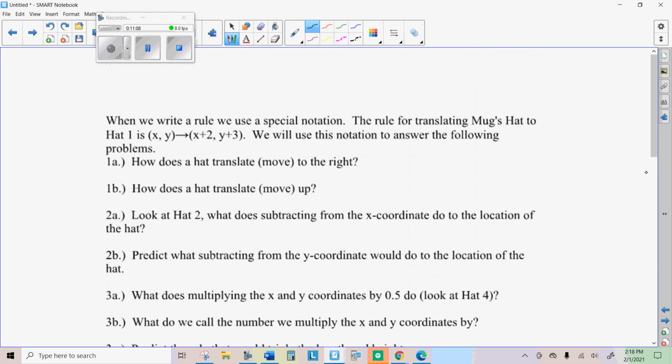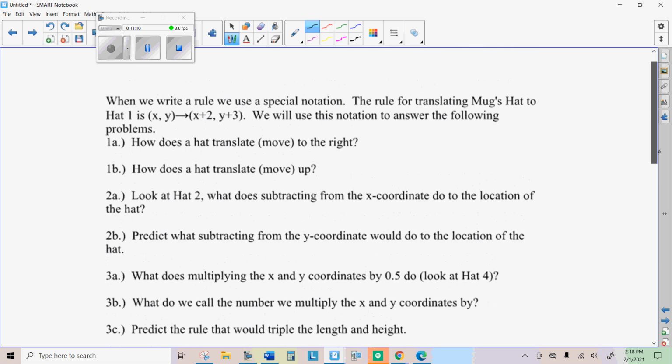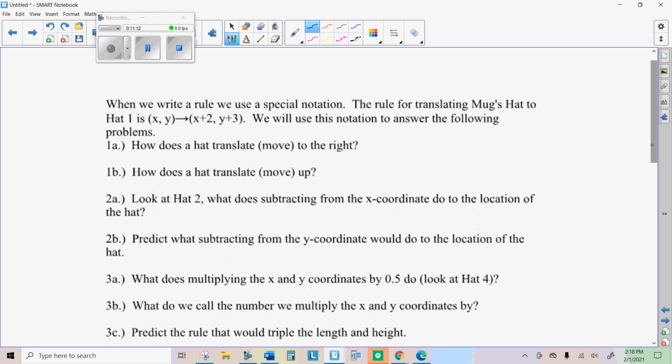All right, so let's answer these questions. When you write a rule for translating, for changing the hat, you use the coordinates x, y, and then you say what you're going to do to those coordinates. On the first one, we added 2, then we added 3.